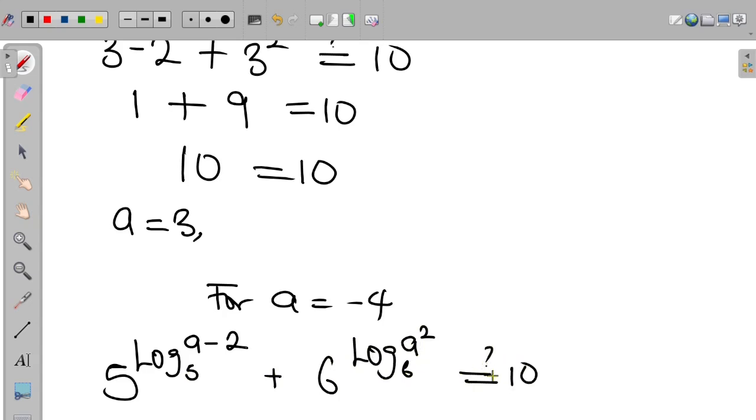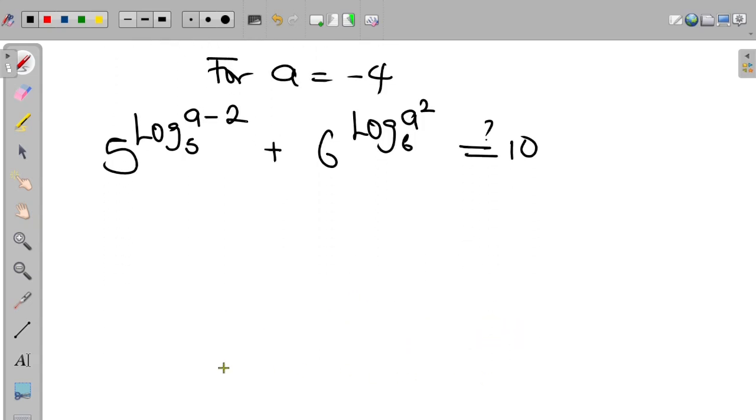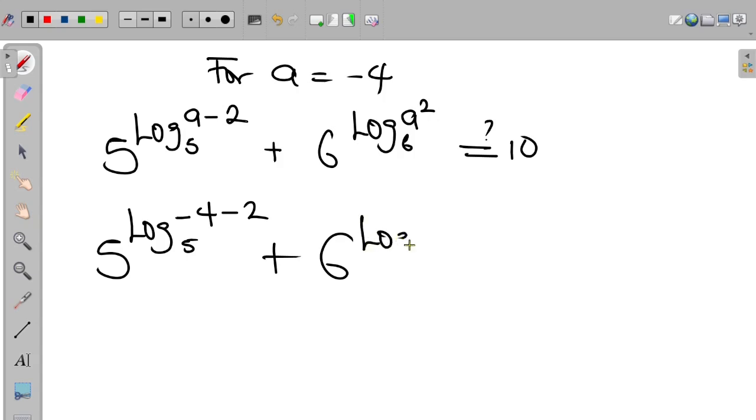Now at this point, the value of a is negative 4. So we have it that 5 to the power of log (negative 4 minus 2) in base 5 plus 6 to the power of log negative 4 all squared in base 6 equal to 10.